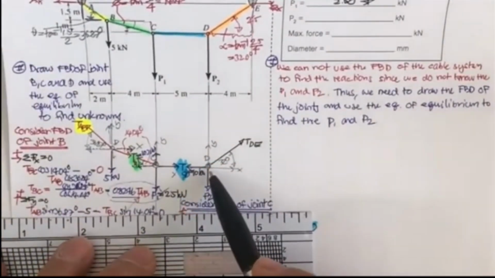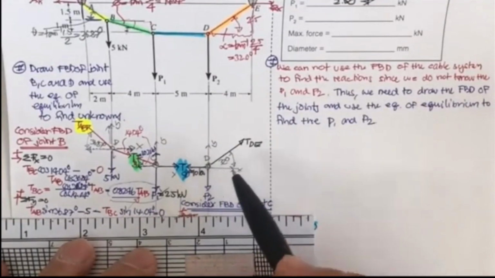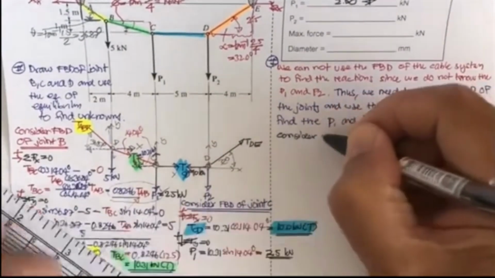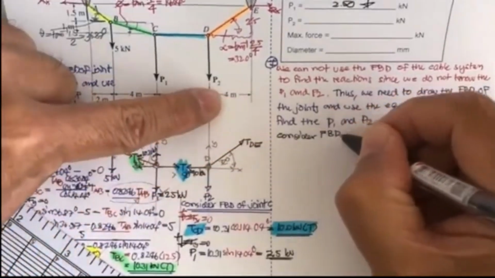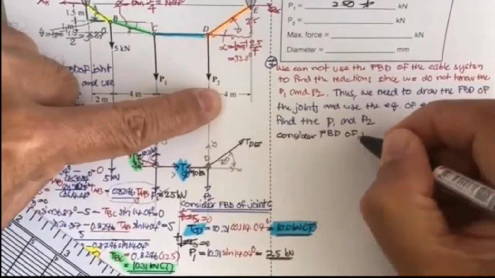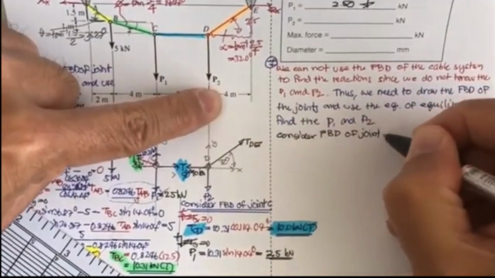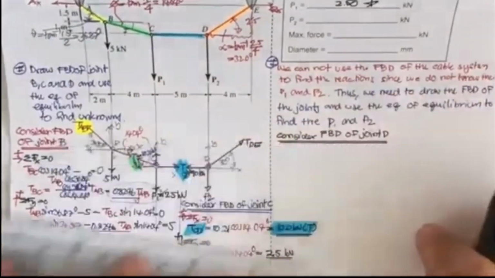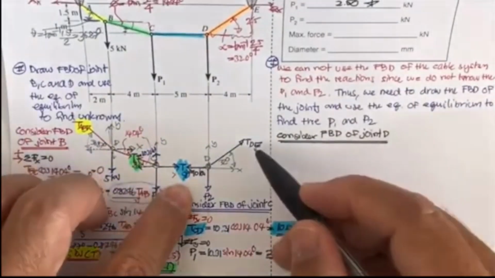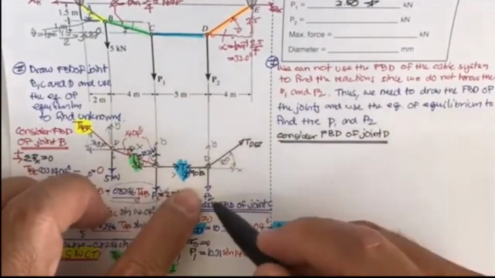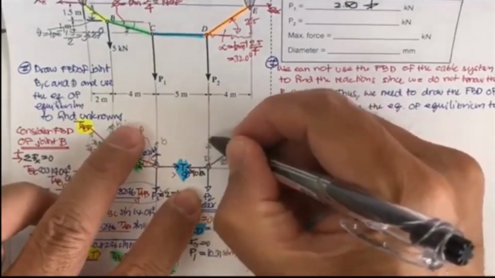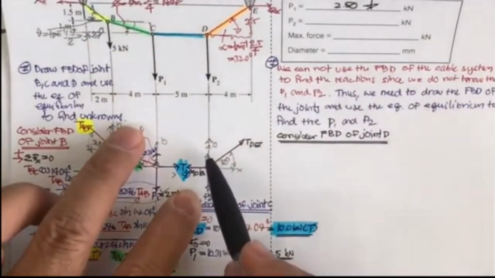Now you can move to consider joint D. So consider free body diagram of joint D. Okay. What we have is there are two unknowns, T sub DE and P2. If you project this force into the vertical direction, you get two unknowns.